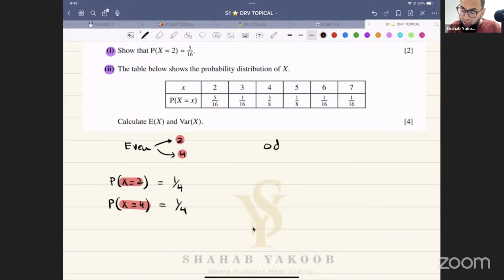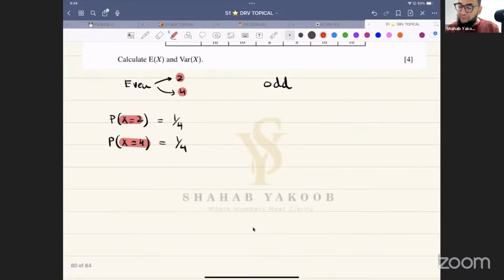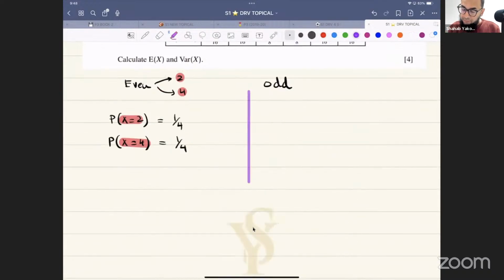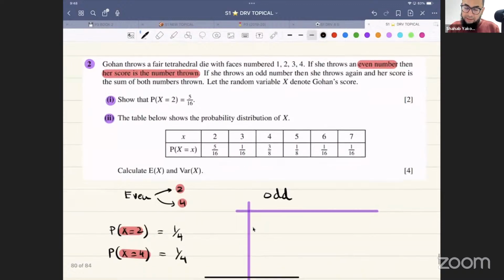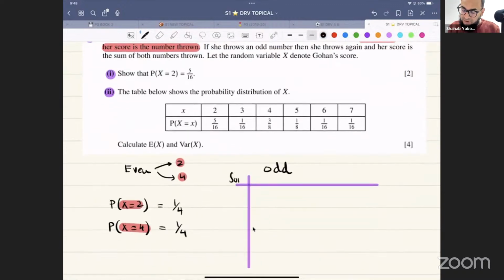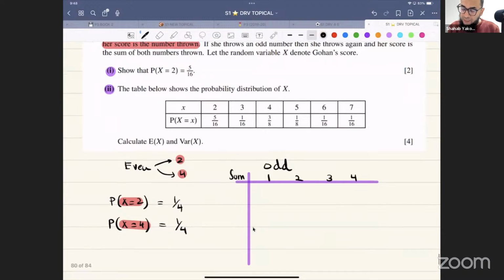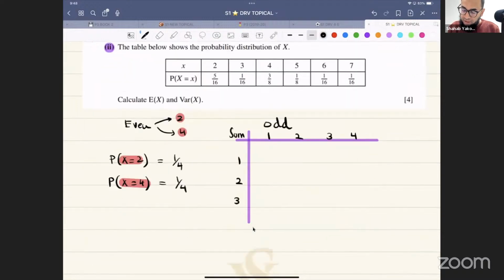When I'm talking about the odd number, I think it's a good idea that I draw a sample space diagram. Let me just push it down and let's see which ones I'm in need of. So over here, this is about sum. This is 1, 2, 3 and 4, and this is 1, 2, 3 and 4.